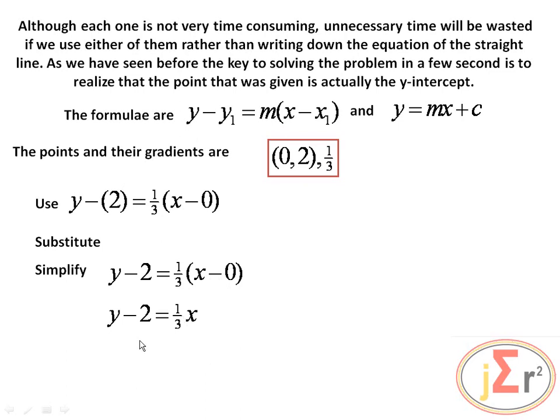And we can just finish up by transposing this negative 2 to the other side, in which we will have y is equal to 1/3 x plus 2, and of course it is in the general form.